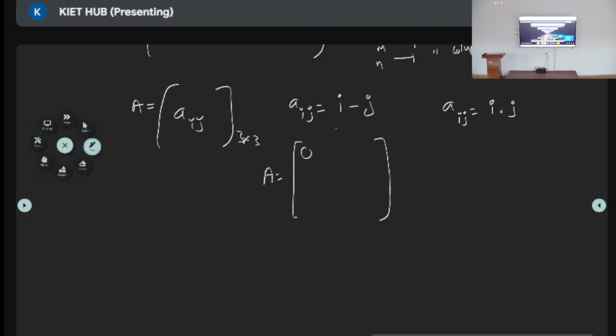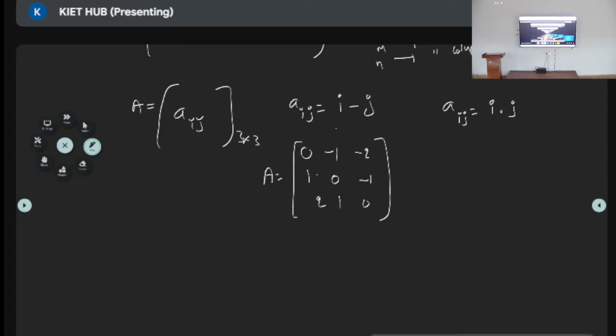Second element, row number 1, column number 2, 1 minus 2, minus 1. This is what? Minus 2. So 0, minus 1, minus 2, then 1, 0, minus 1, then 2, 1, 0.